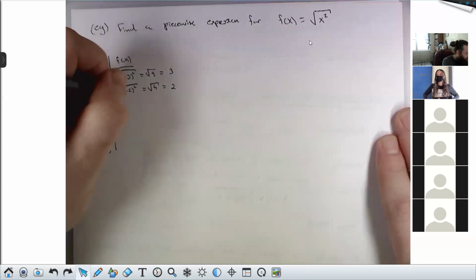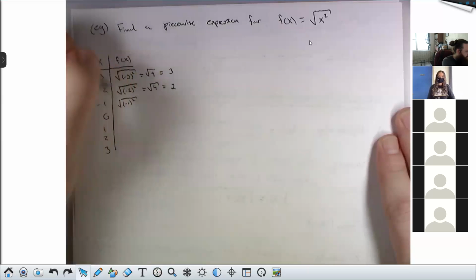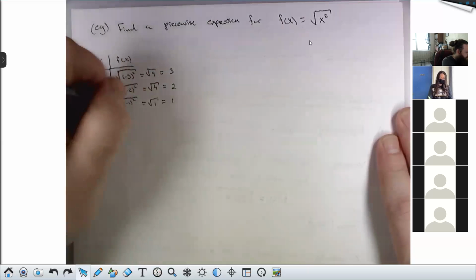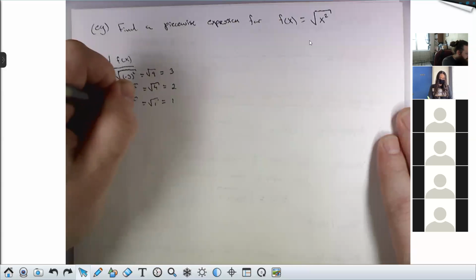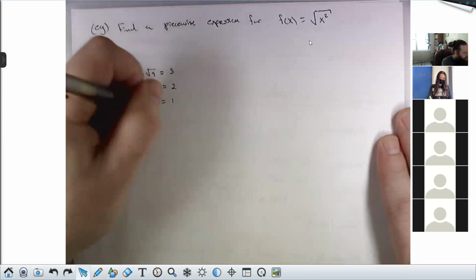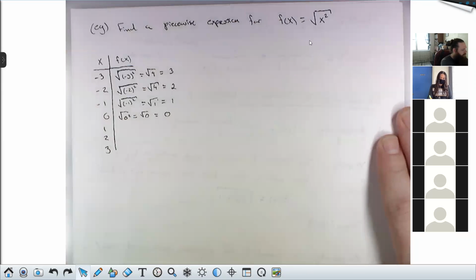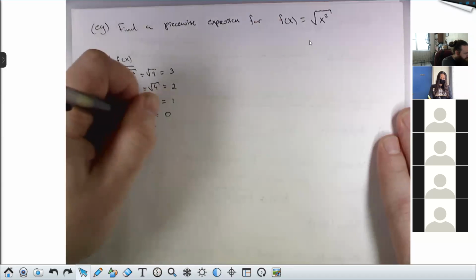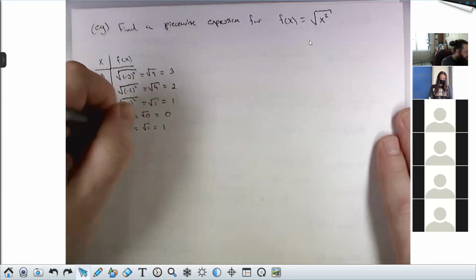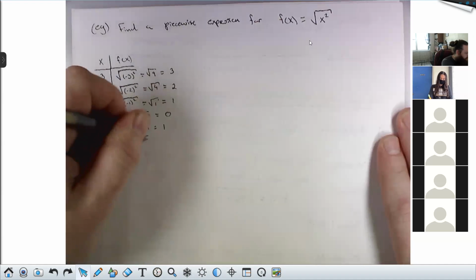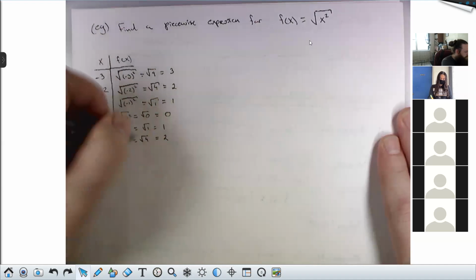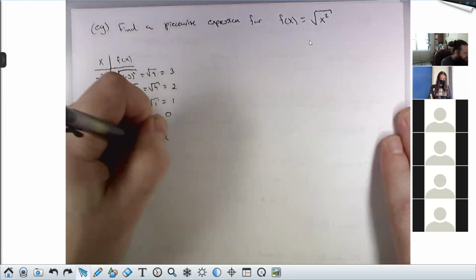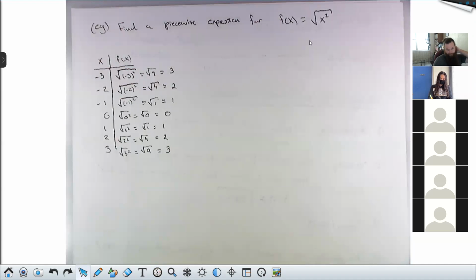The square root of -1 squared is the square root of 1, which is 1. The square root of 0 squared is the square root of 0, which is definitely 0. The square root of 1 squared is the square root of 1, which is 1. The square root of 2 squared is the square root of 4, which is 2. And the square root of 3 squared is the square root of 9, which is 3, like it is above.